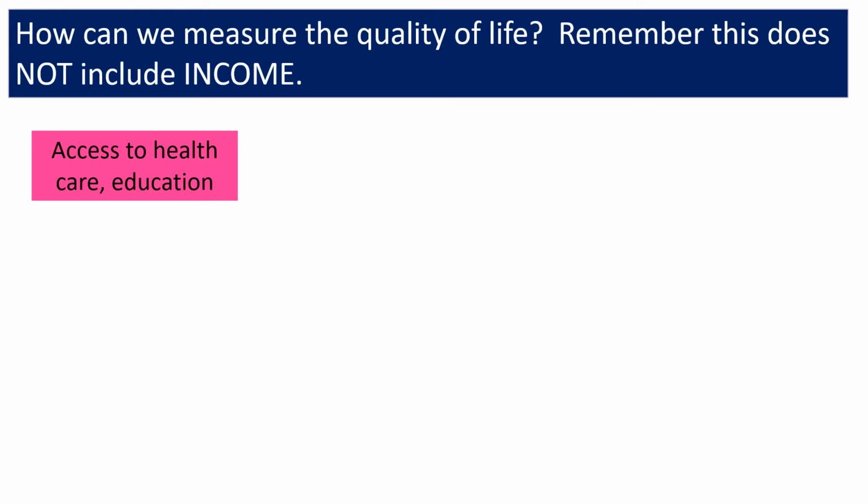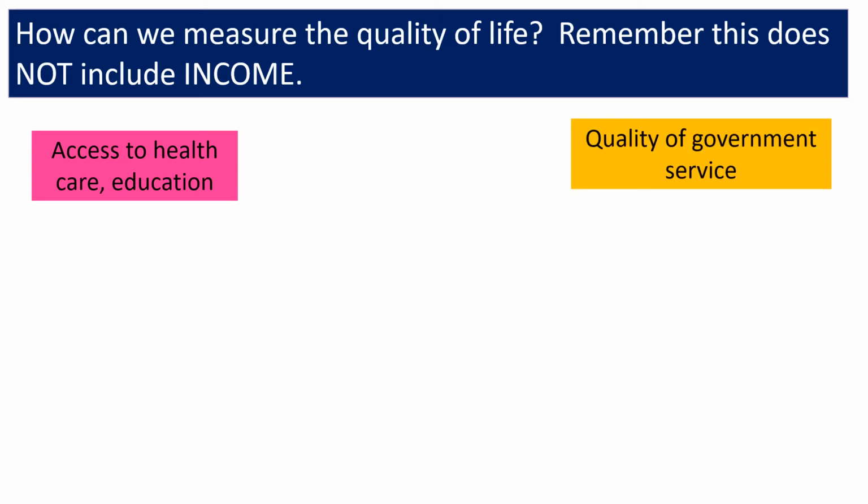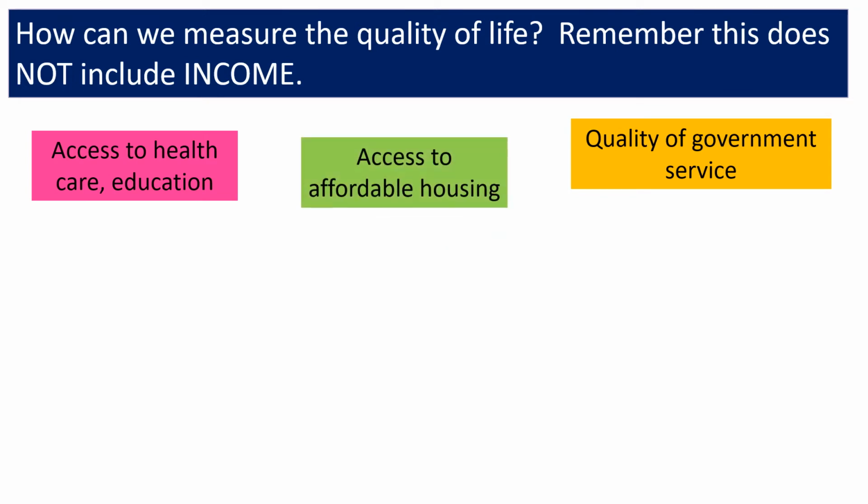Okay, so hopefully you got some of the things that are going to come up now. This one, access to healthcare or education, is really important. If people have good access to healthcare and education, then that will improve their quality of life. The quality of the government service that is provided, again, will improve quality of life. Access to affordable housing.